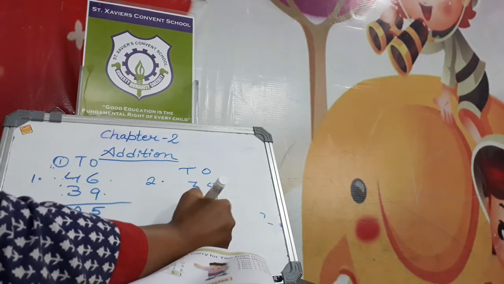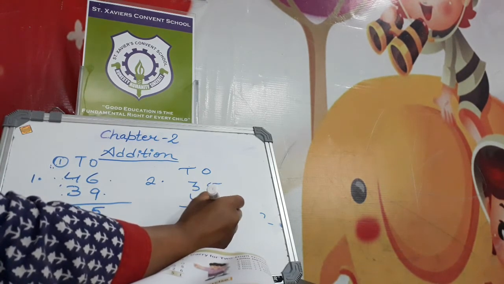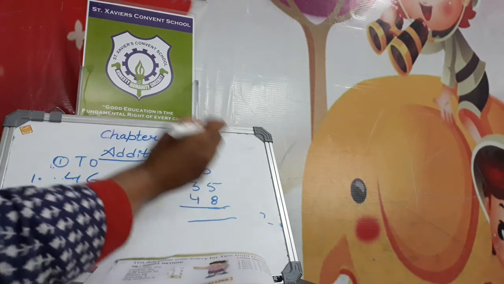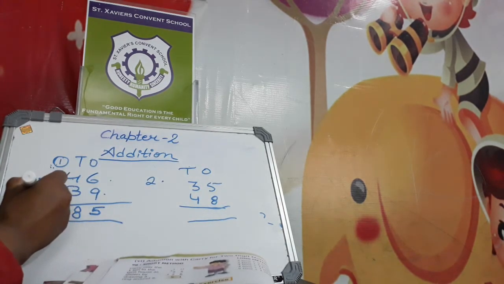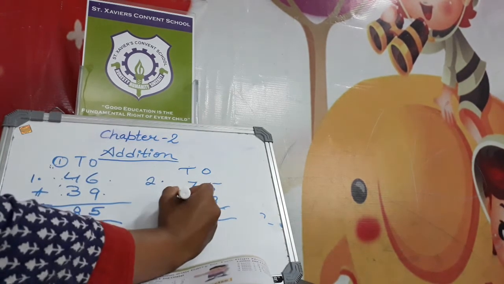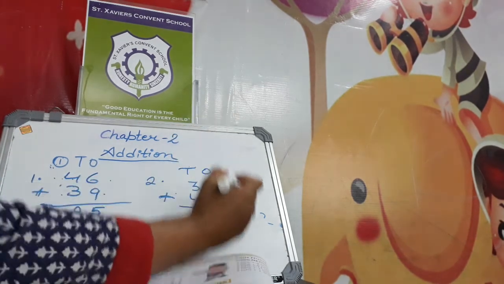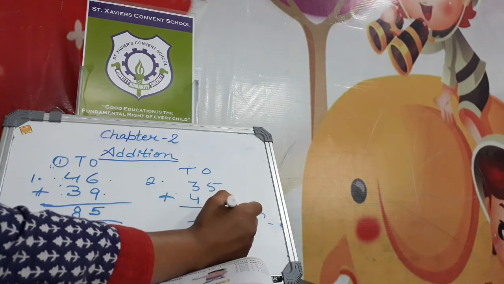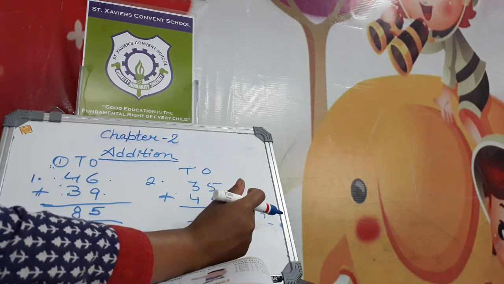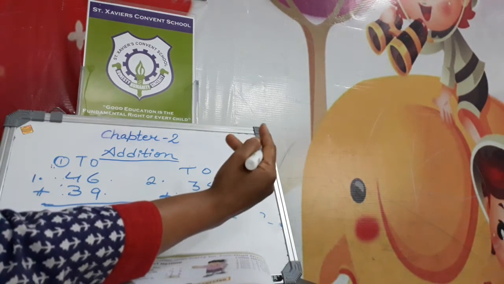One thing we forgot in question number 1. What is it? The sign, this plus sign. We have to draw this sign. Now add 8 plus 5. 8, 9, 10, 11, 12, 13.